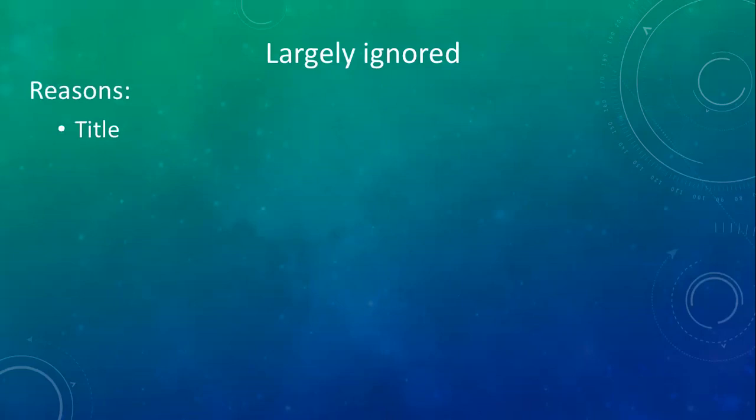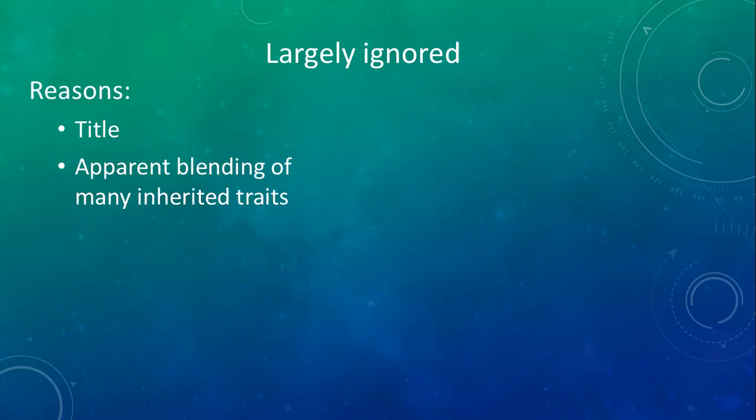Now, there are many reasons why his work was ignored at first. One probably was the title. You don't really expect any groundbreaking results on inheritance in a paper on experiments on plant hybrids.